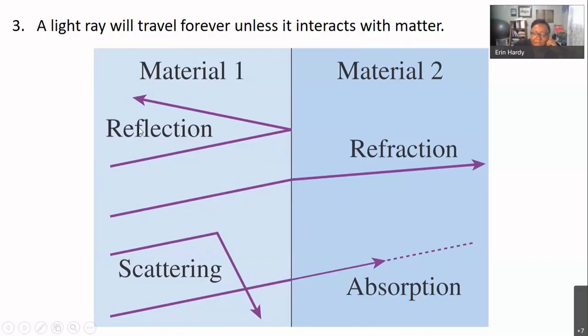So there's an implicit assumption here that material 1 is not vacuum, that there's some type of matter that this scattering light ray can interact with. However, the simple way that we can explain reflection and scattering is pretty similar: a light ray bounces off of something.